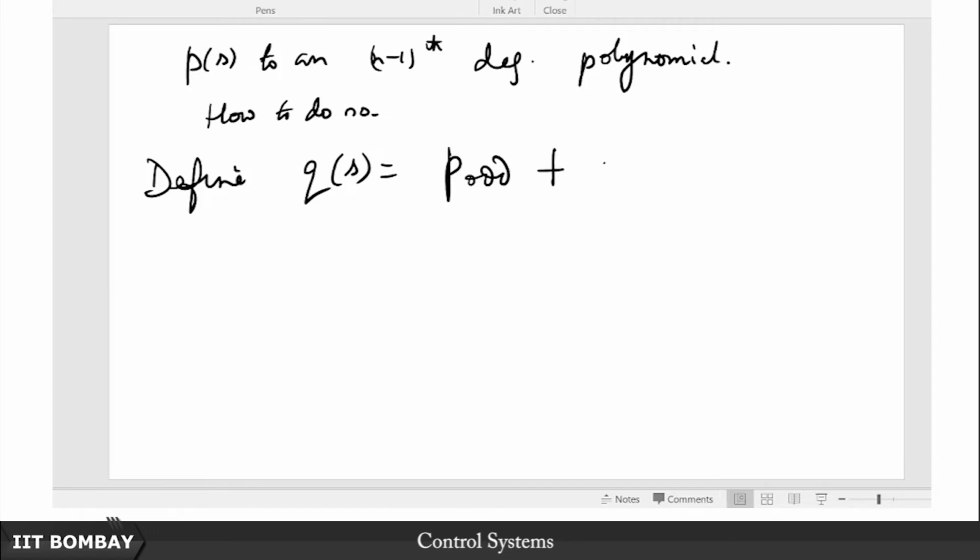To the even part, from P even, we subtract a suitable coefficient times s times P odd, but that will itself not make this term vanish. I have to also multiply this by this ratio of an upon a(n-1).